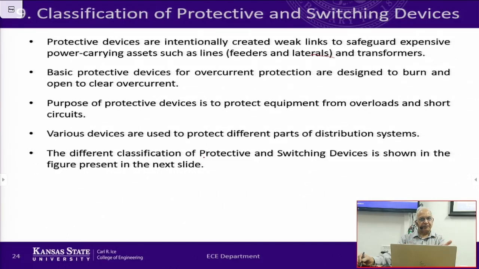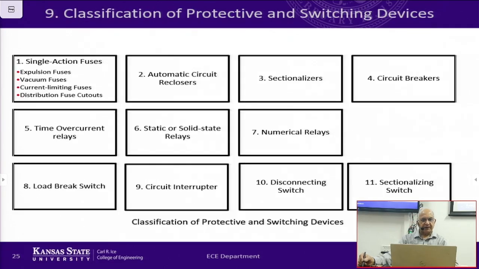Okay, so that's the idea. It is supposed to protect not only from short circuit but also from overloads, because sometimes overloads can also create problems for the equipment. So let's see what kind of devices are there.